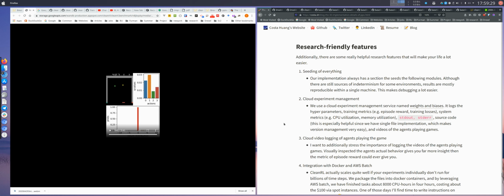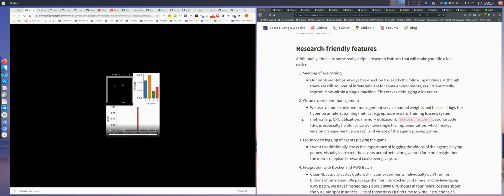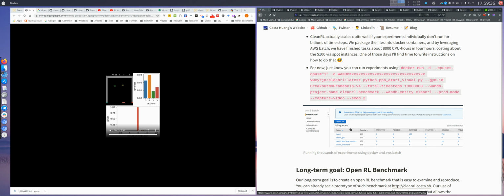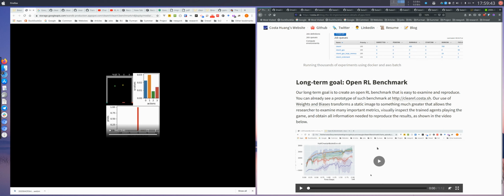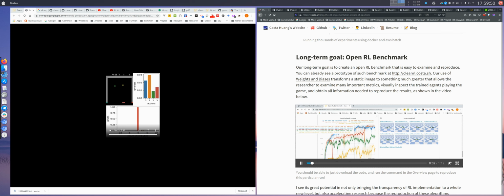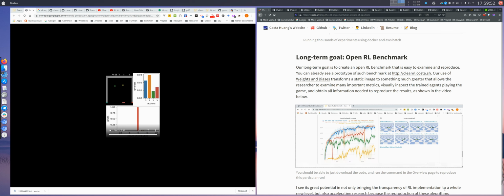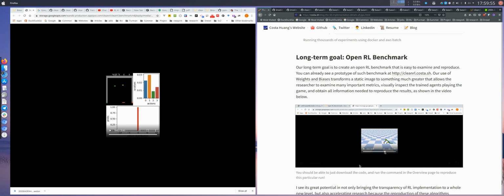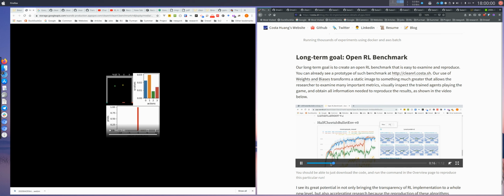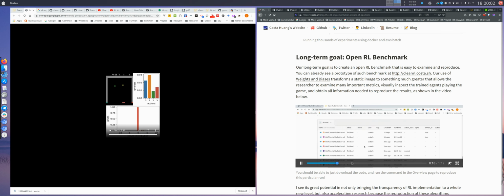And lastly, there are some research-friendly features: seeding of everything, cloud experiment management, video recording, integration with AWS Batch. Here's a screenshot of us running thousands of experiments on AWS Batch. A long-term goal is to create this OpenRL benchmark that transforms this static benchmark image into an interactive thing where you can check the videos of the agents playing the games at different stages of the training.